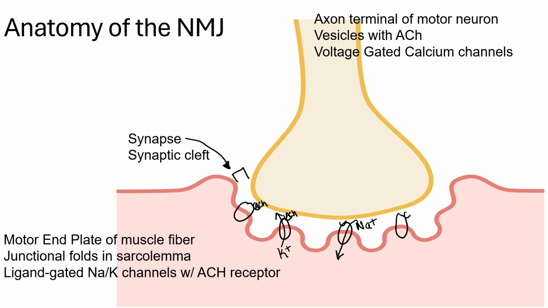The movement here is kind of like people in an elevator, right? Everybody has to get off before the other people can get on. So for sodium, it has to get into the cell before potassium starts to move out of the cell.